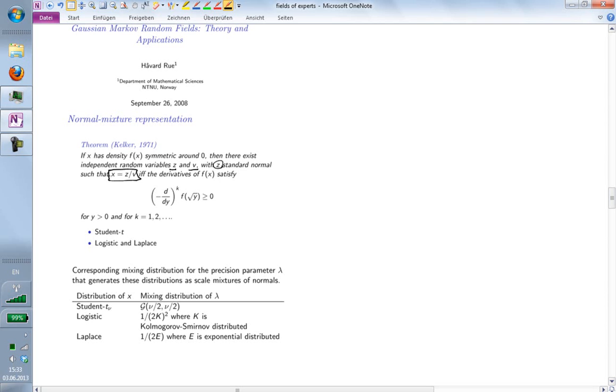If you use Gaussians with a distribution over these precision parameters, and this distribution is again Gaussian, you obtain a Student t distribution. If it is Kolmogorov-Smirnov distributed, you obtain a logistic distribution. If it's exponentially distributed, you obtain the Laplace distribution. So this shows that this is not just a matter of fitting, but really there is a deep connection between the normal distribution and these heavy-tailed distributions.